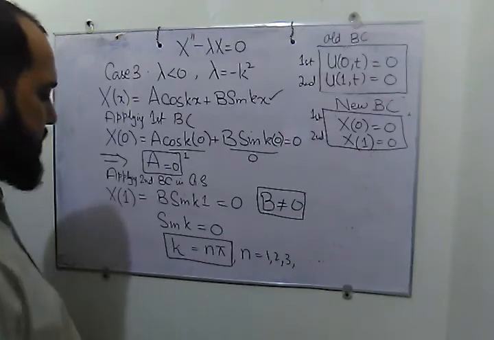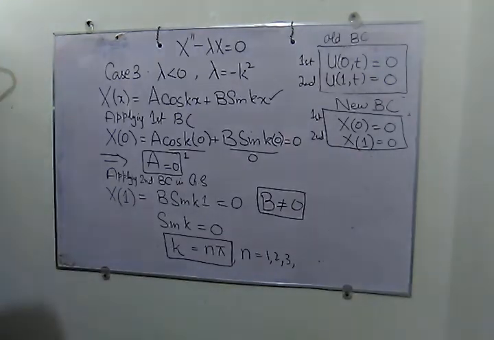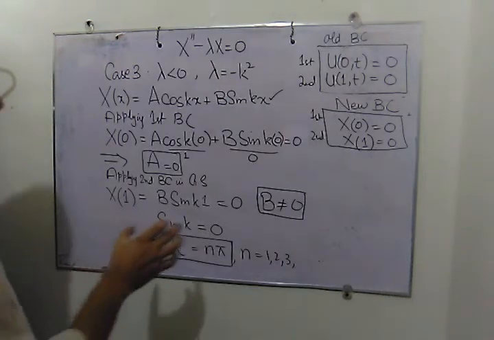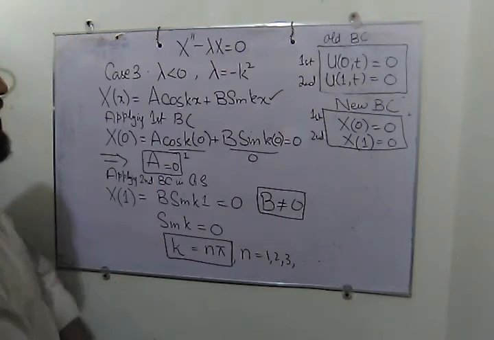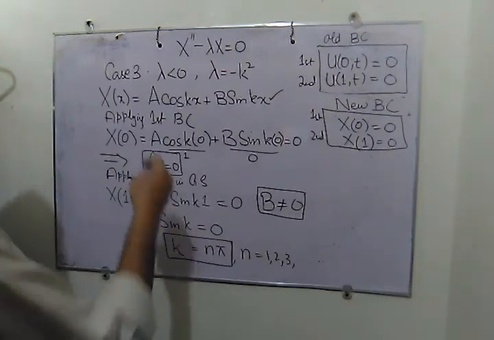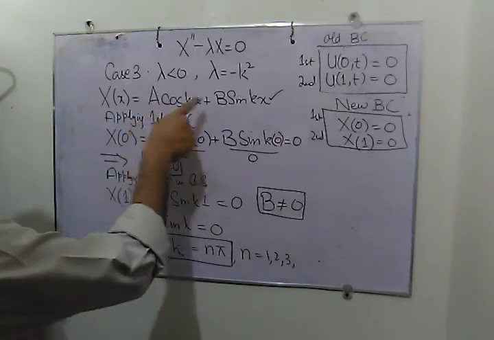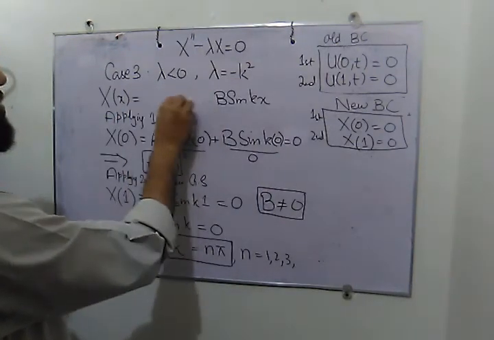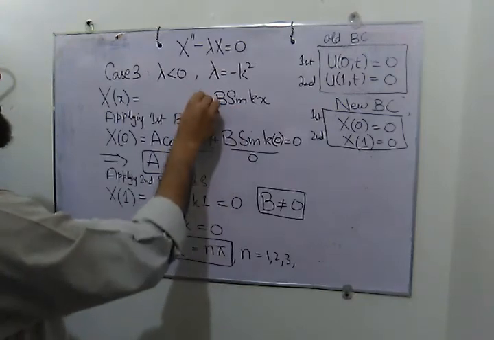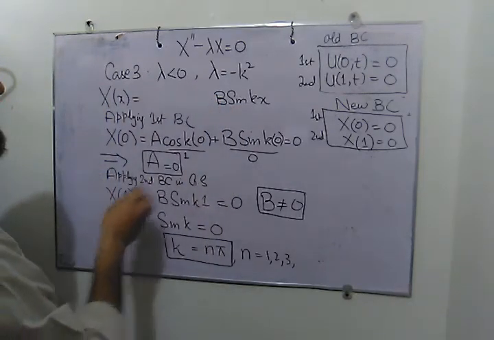From here we have the value of k. Now we have saved the b. Since a was 0, our general solution is now reduced to only b sine kx.